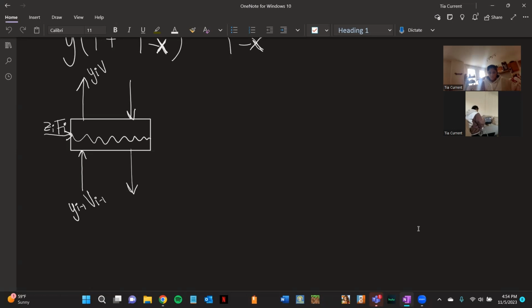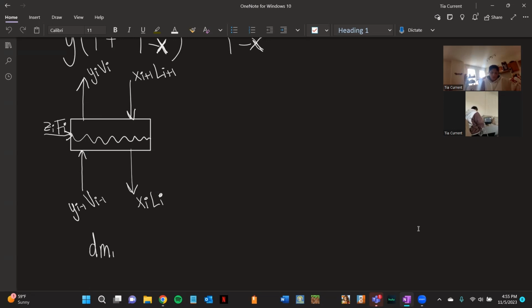Vapor mole fraction, vapor flow, and then you're going to have liquid mole fraction xi plus 1, and then liquid li plus 1, and then that gets stripped out. So then you're going to have xi, and then li, right? Then you have your liquid holdup, or your mole holdup.